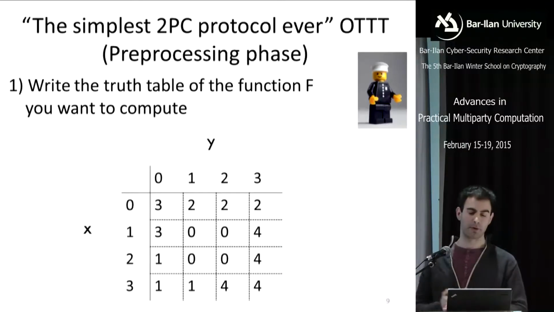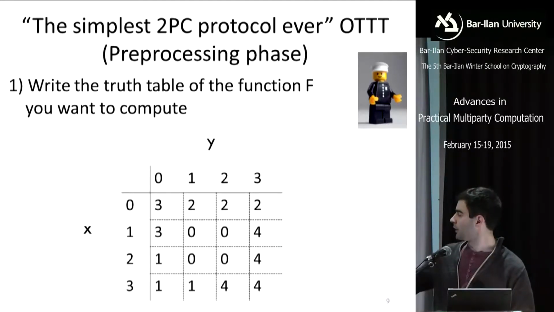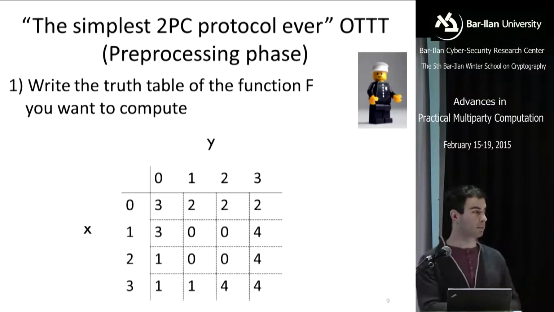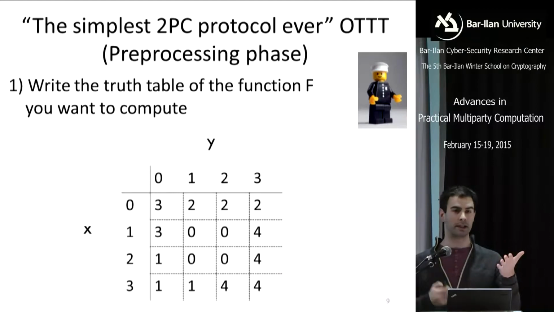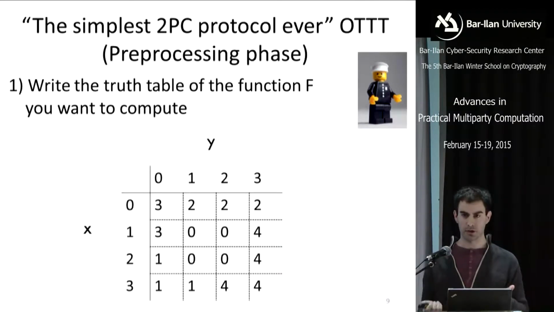It writes down the truth table for this function. Every column corresponds to an input of Bob, every row corresponds to an input of Alice, and in each cell I put what the output of the function is on that particular input. So far, so good.